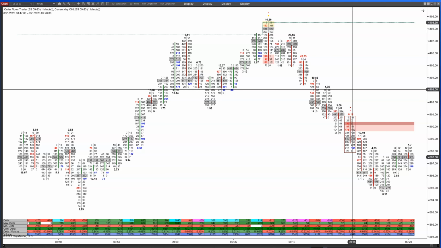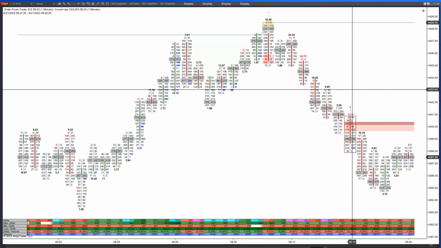And delta, just to recap for those that are new to order flow, is the difference between aggressive buyers and aggressive sellers in a bar. The next question is, what's an aggressive buyer, what's an aggressive seller? Well, there are 4 types of traders: aggressive buyers, aggressive sellers, passive buyers, and passive sellers. People that work a bid or work an offer are the passive traders.